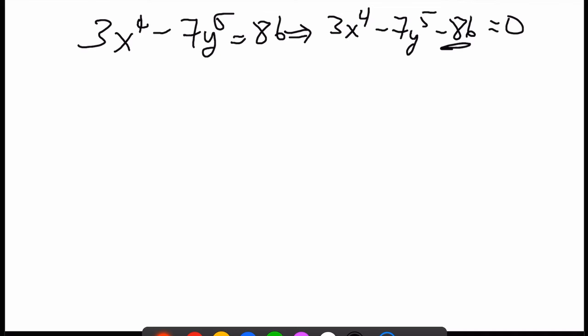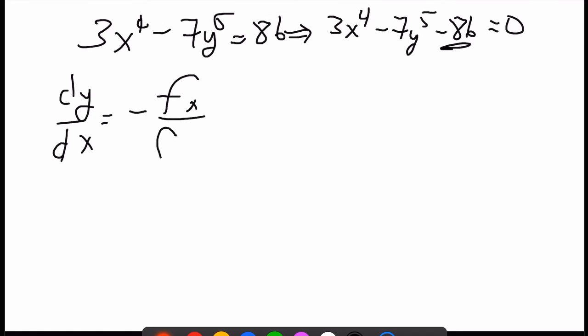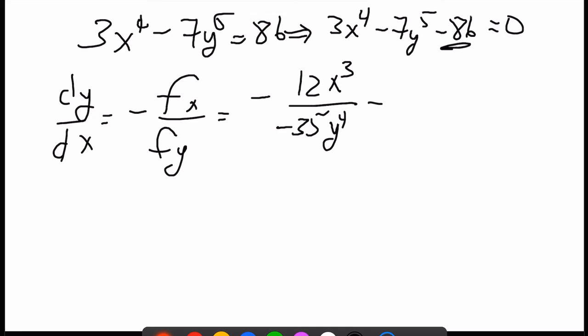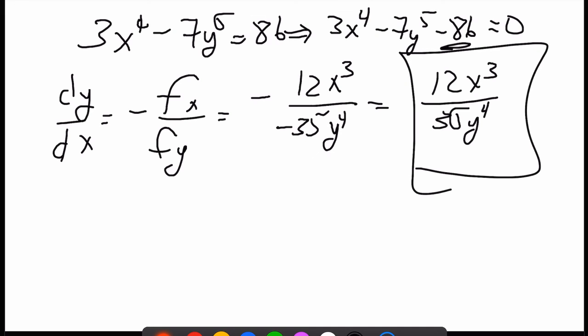The partial of 86 with respect to anything is going to be 0. And then I know dy/dx equals minus f of x over f of y, which is minus 12x cubed over minus 35y to the fourth, which is 12x cubed over 35y to the fourth. And that is, yes, dy/dx for that equation.